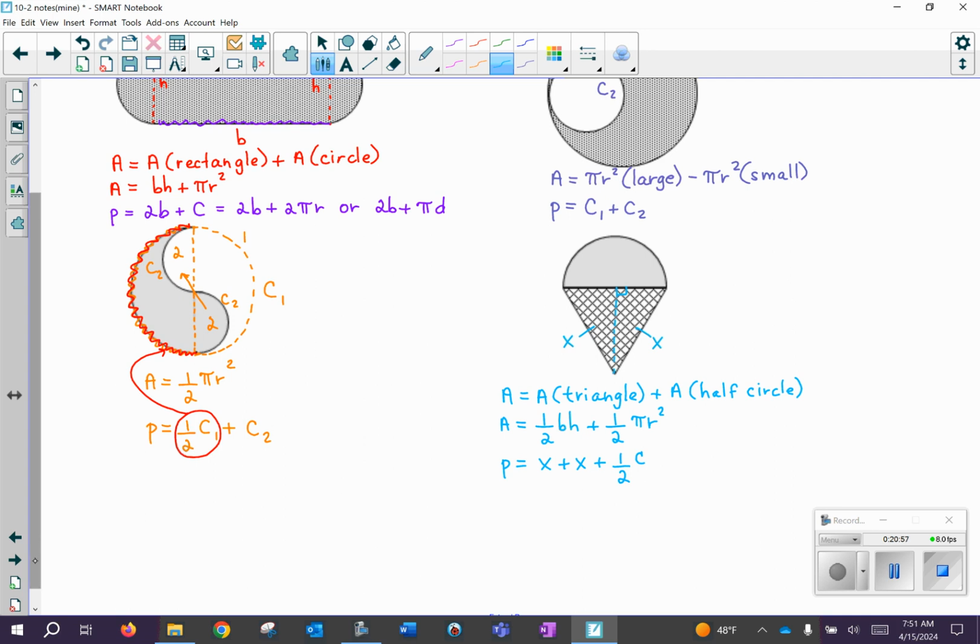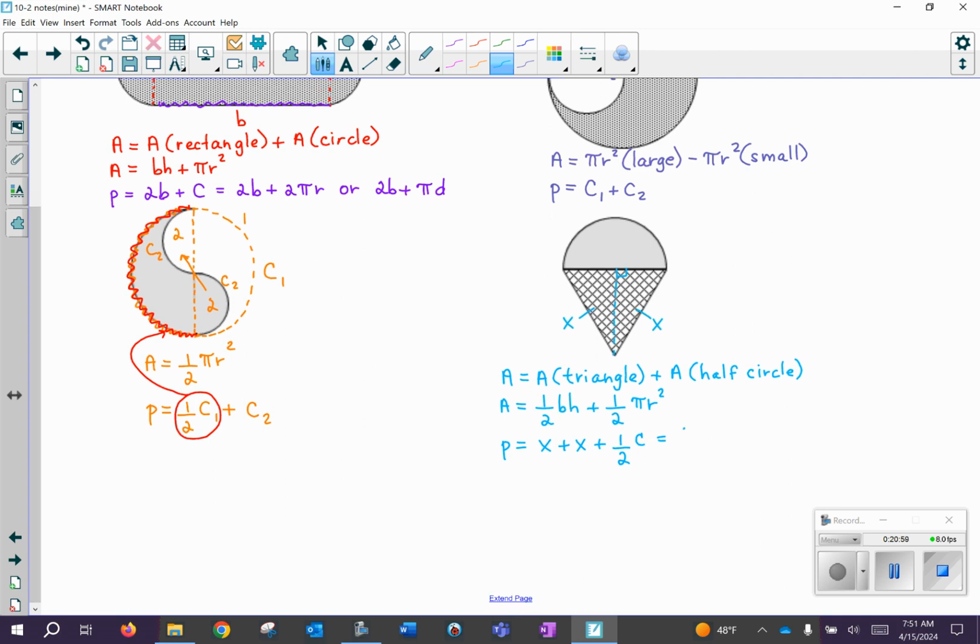Okay, which equals, if we fill in a little bit more, x plus x, you could also say that's 2x at this point, but just so you visually see it in the picture, x plus 1/2 of circumference, which is 2 pi r, or you would be saying that it's x plus 1/2 of pi d, if you like that option better.